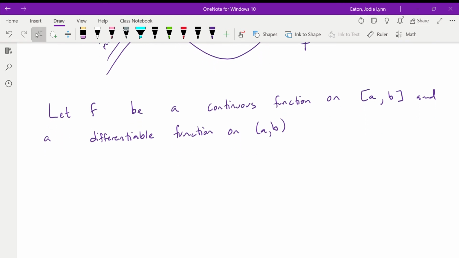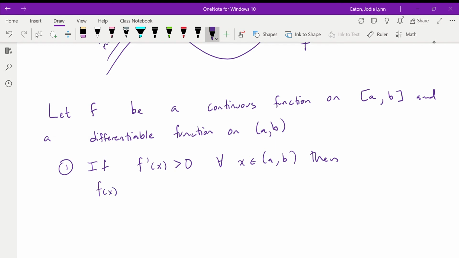Okay, so number one, if we have a positive derivative, so if f prime of x is greater than 0 for all x on the open interval, then f of x is increasing on AB, on our closed interval.